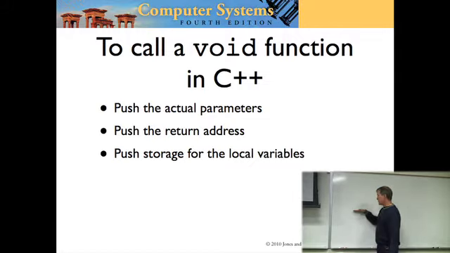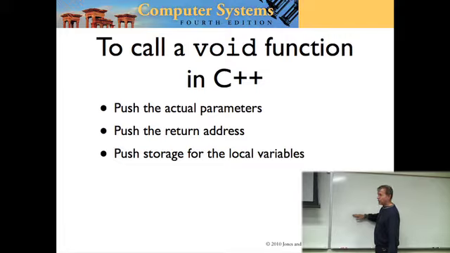So now think about this. There's going to be a main program, and this main program is going to call a function. Now, where do you think the code is in this sequence to push the actual parameters? Who's going to push the actual parameters? Is the main program going to push the actual parameters, or is the function going to push the actual parameters? Yeah, main will. That's correct.